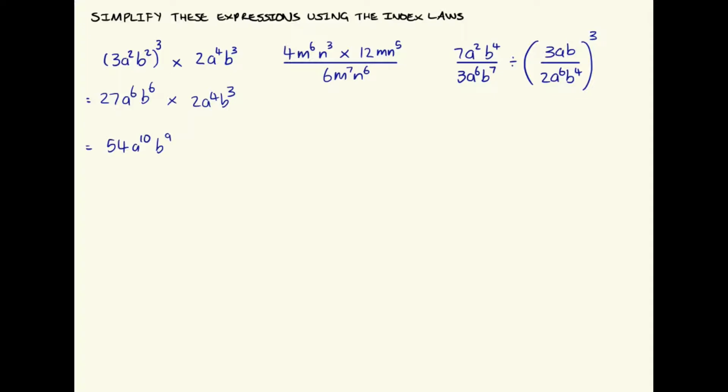So let's go ahead by writing the numerator first, and we'll do that at the same time as multiplying our like terms. So here we've got 4m to the 6, and I've got 12m to the power of 1. That 5 here, this 5 is only being applied to the letter that it sits on. It's not m and n to the power of 5, it's just n to the power of 5.